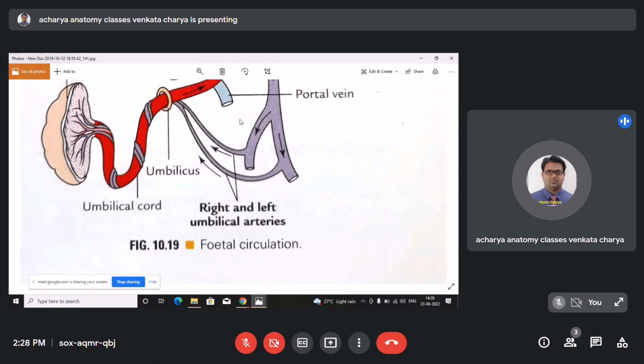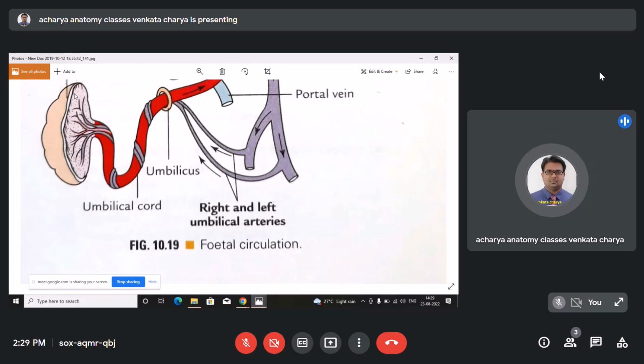These carry deoxygenated blood outside through the umbilicus, then through the umbilical vein it enters the placenta. In the placenta the deoxygenated blood becomes oxygenated. Are you getting? This type of circulation we call fetal circulation.